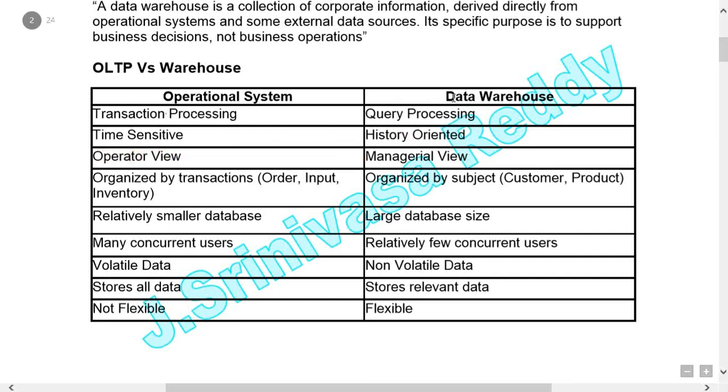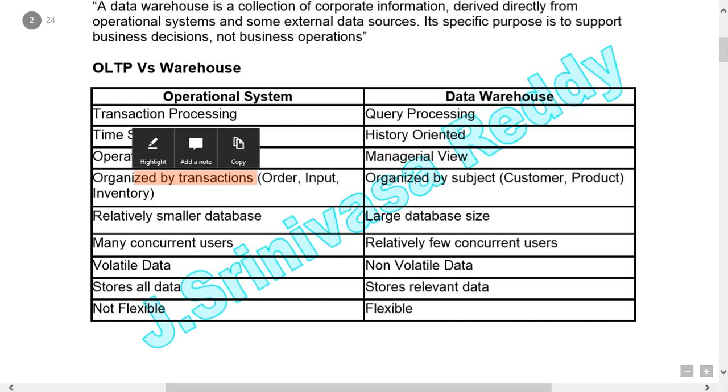But a data warehouse is for management decisions. Based on the available historical data, they want to access the data as per their requirement, analyze it and take an appropriate decision for managing the business. So data warehouses are made in a managerial view. The operational systems are organized by business transactions.